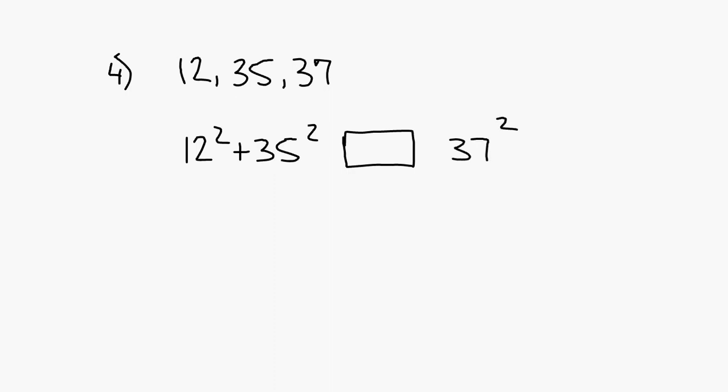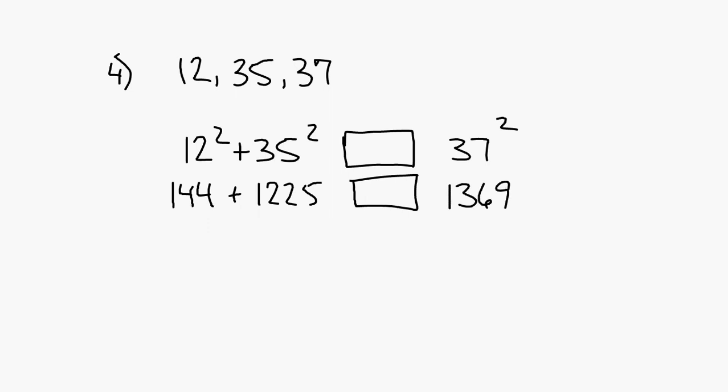So 144 plus 35 squared is 1225, and you're going to be comparing that to 37 squared, which is 1369.